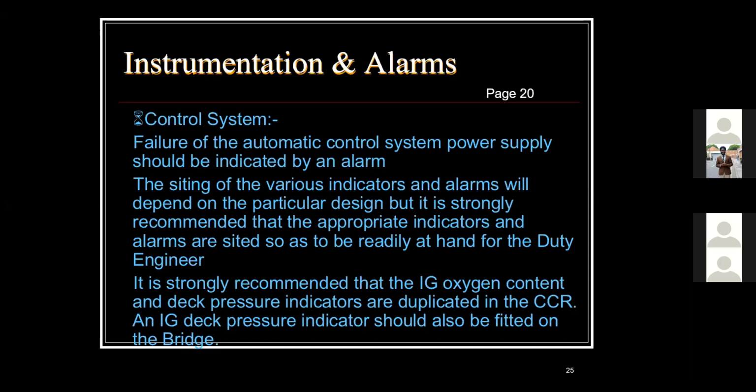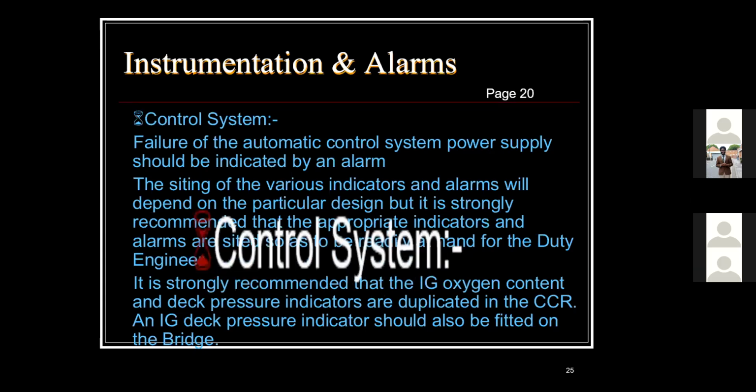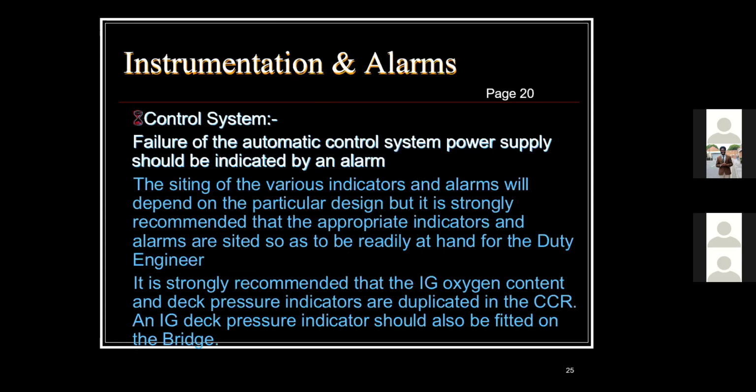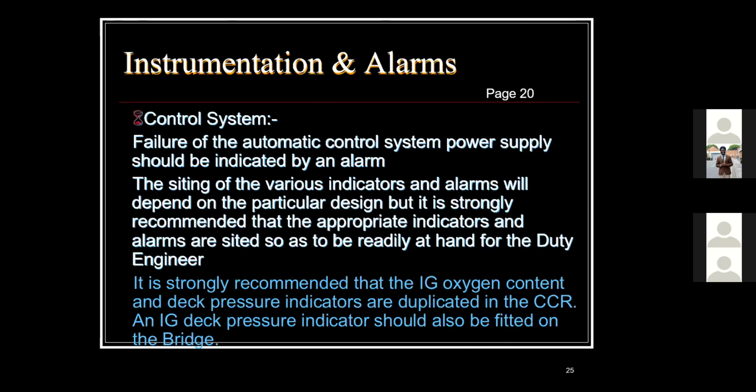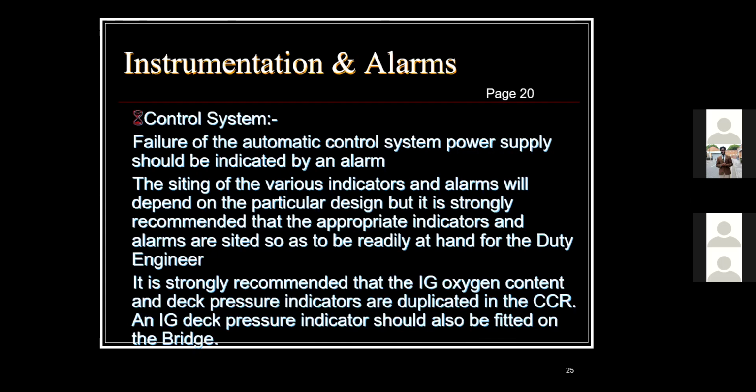And today, in almost all ships, you still have an indicator in the bridge that shows tank 1, tank 2, tank 3, port and starboard, with the IG pressure. And you have the main, when the IG pressure is high, and things like that. So it's very crucial that you familiarize yourself with these alarms.